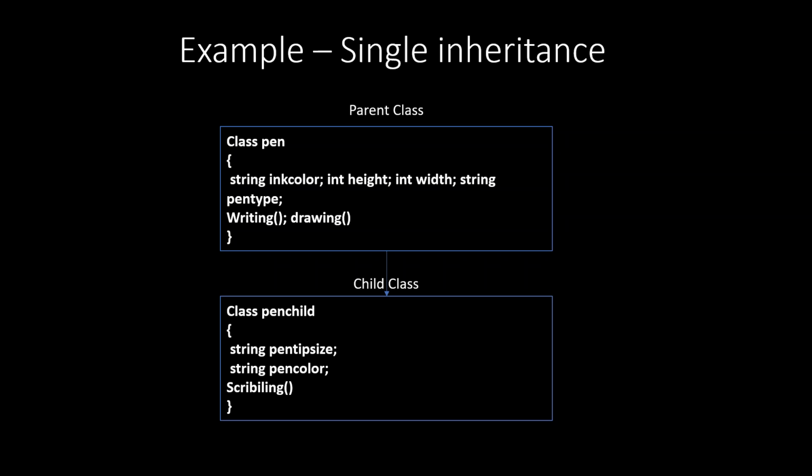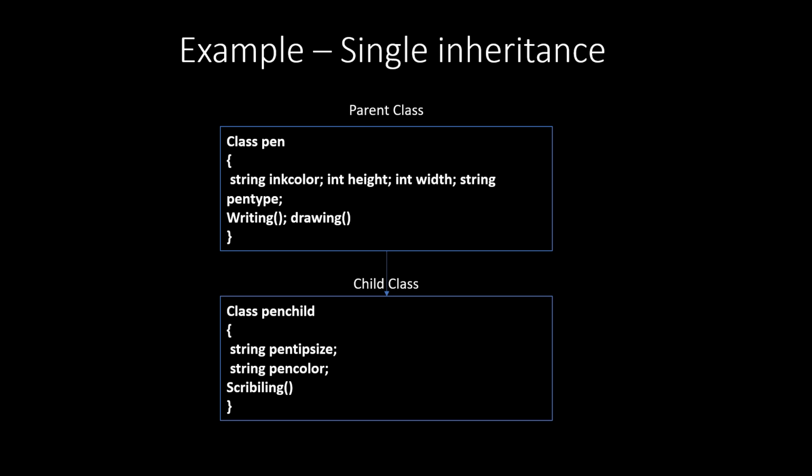Single inheritance. In this example, we will see how single inheritance works. First, we have a parent class. The parent class is the Pen class, and it has some data members as well as member functions. Sometimes we need to add some more functions or some more data. We can add it into the parent class itself.